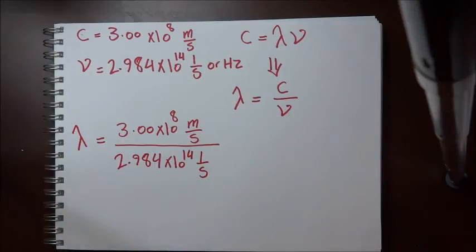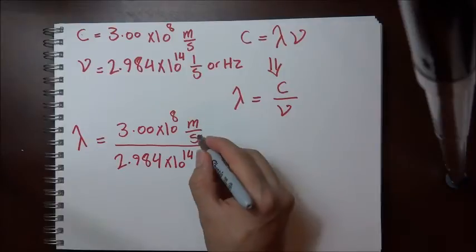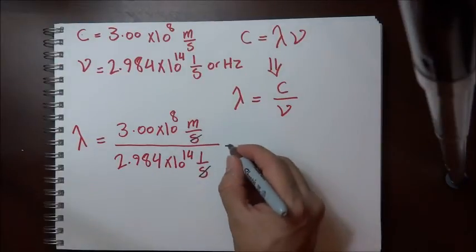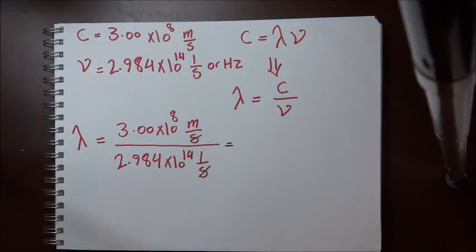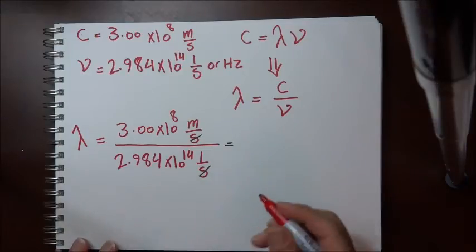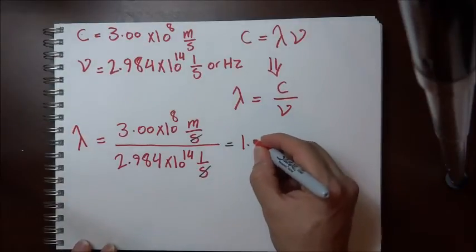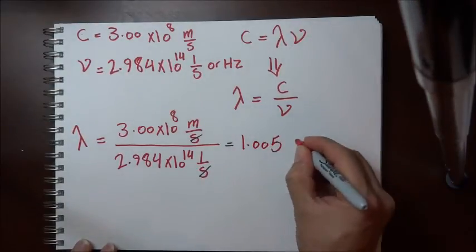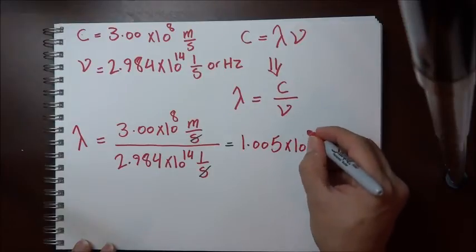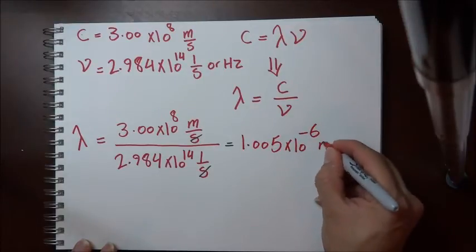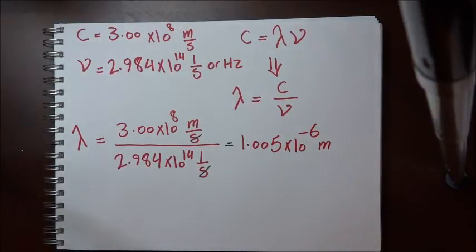Now you can cancel second by second and you will get meter as the unit for wavelength, which is the right unit for wavelength. And the answer for it is 1.005 multiplied 10 to the power of minus 6 meter.